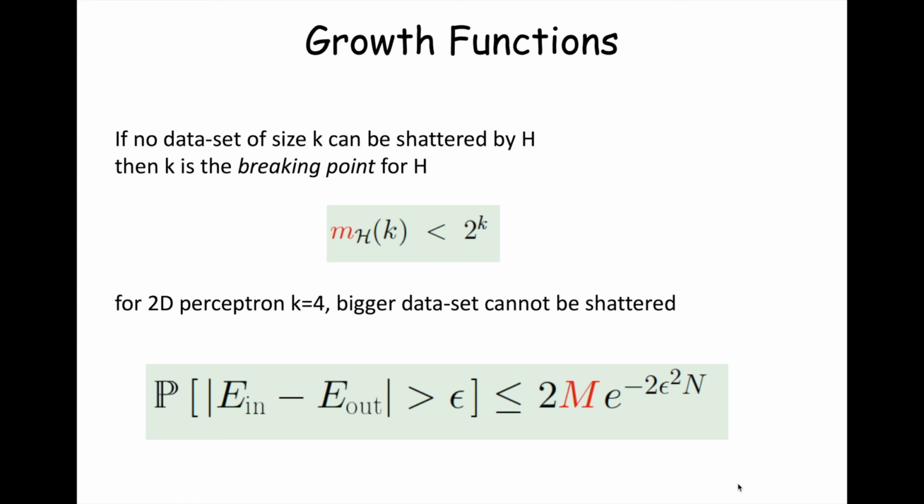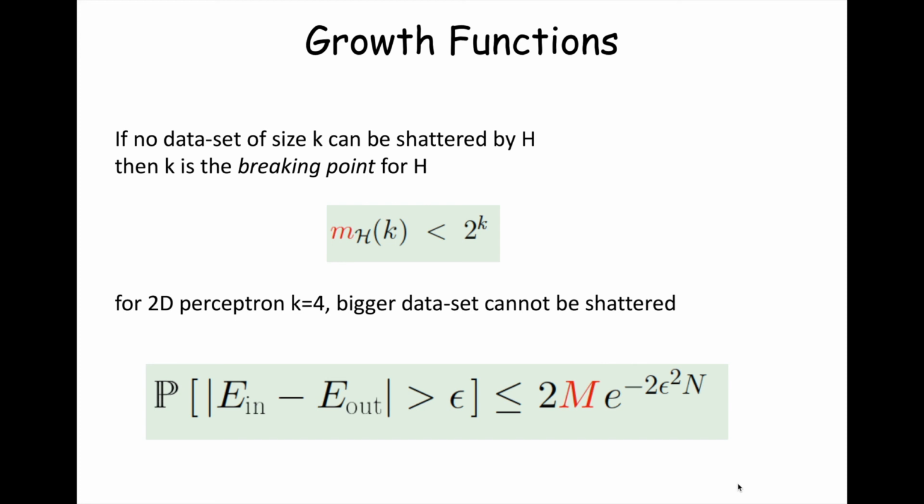It could no longer generate 2 to the n of the possible dichotomies. And we use the terminology, it broke. And so we're going to introduce a term called the breakpoint. The breakpoint represents that data set size where the growth function can no longer keep up with this 2 to the n upper bound. Does that make sense?